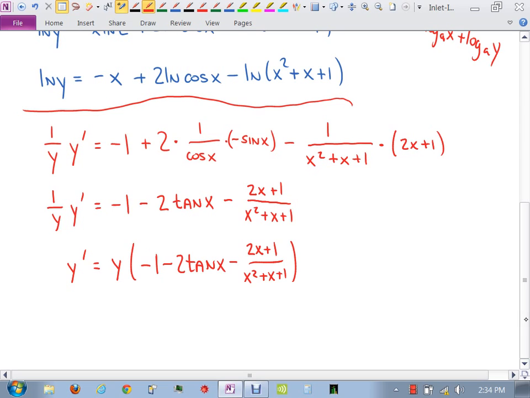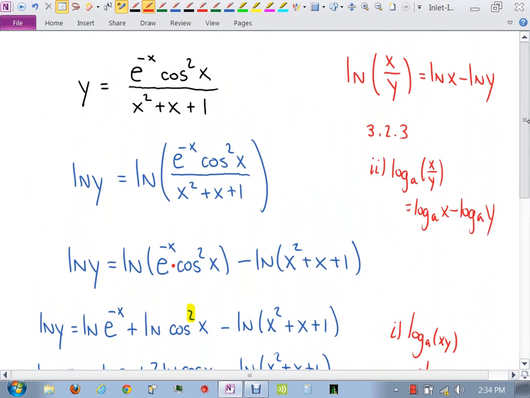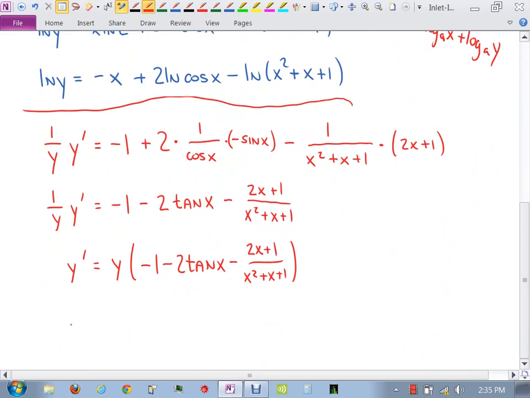And that would be okay, but did we have an equation that had y in it way earlier in the problem? Wasn't the original problem y equals something? So I could come down here as my final answer. Y prime equals e to the negative x cosine squared x over x squared plus x plus 1. That's y, right? Yeah.